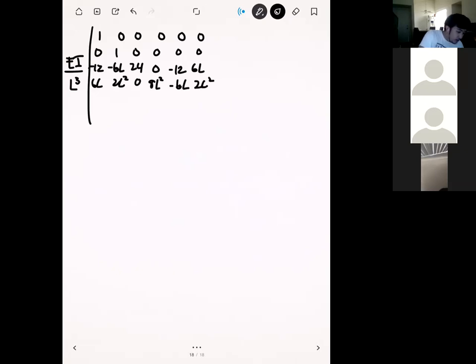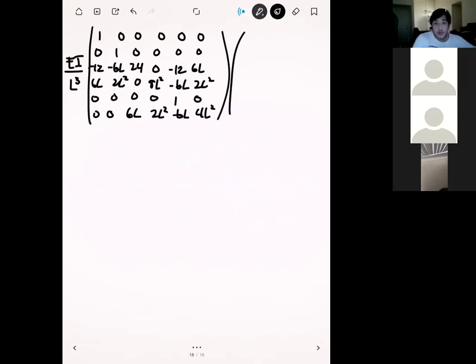Then our next row is our boundary condition, a row of all zeros except for a 1. Finally, the last row is 0, 0, 6L, 2L squared, minus 6L, 4L squared. This multiplies our degrees of freedom: U1y, theta 1, U2y, theta 2, U3y, and theta 3.